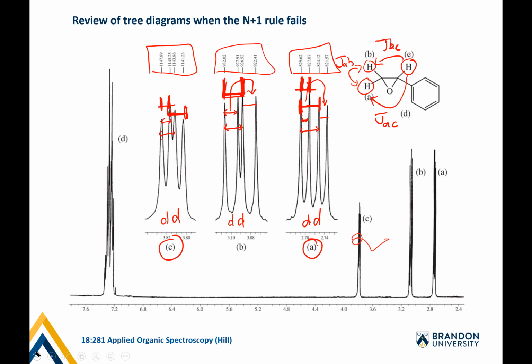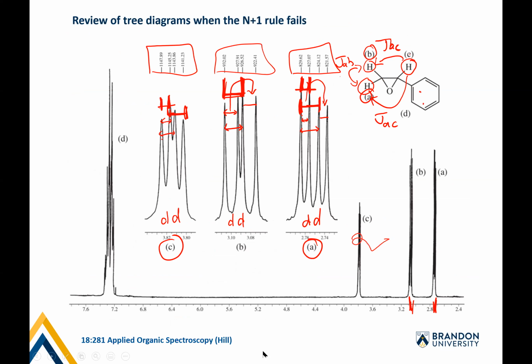So here is an example. These two protons, B and A, are diastereotopic. They couple with one another. They've got different chemical shifts. One is trans to the aromatic ring, one is cis to the aromatic ring. And so they come out with different chemical shifts on a spectrum.